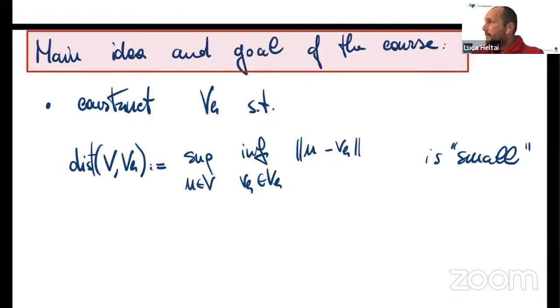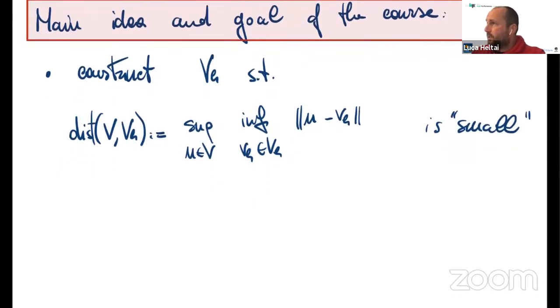Okay. Main goal of the course: construct a V_h such that you can actually control the distance between these guys.